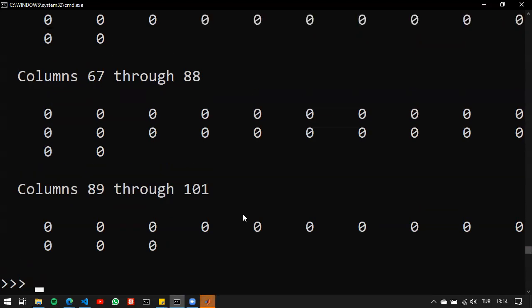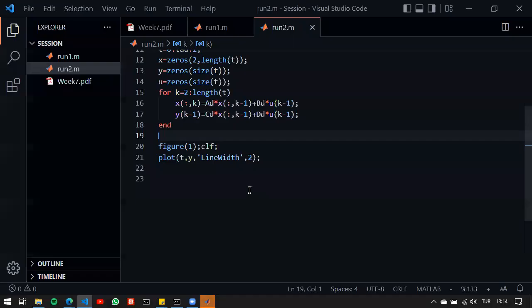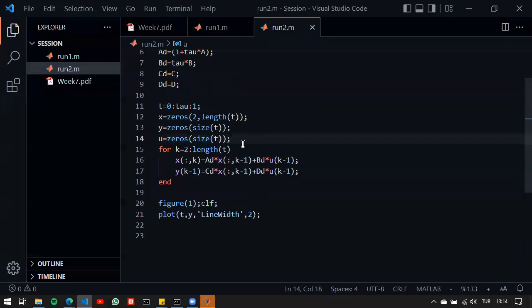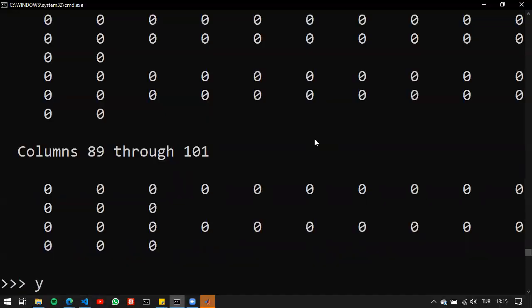So now in U, in Y, everything is 0 here. What else do we have? In X, everything is 0. And if you're applying step to a certain transfer function, you have to apply 1. Therefore, let's change zeros into ones and apply just one input to the system here.